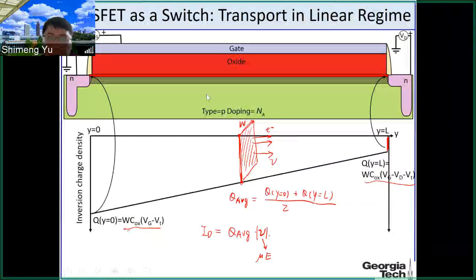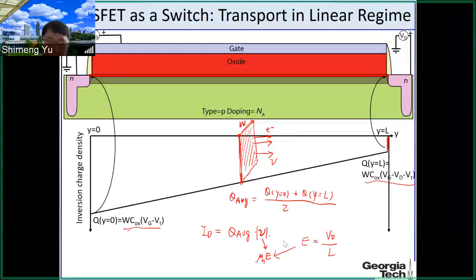And this is for electron, so it's mu n. And then what is the electric field E? The electric field on average in the channel is the drain voltage divided by L by definition, right? So you have the voltage across the channel. Then the channel distance is L. So the average electric field should be Vd divided by L.